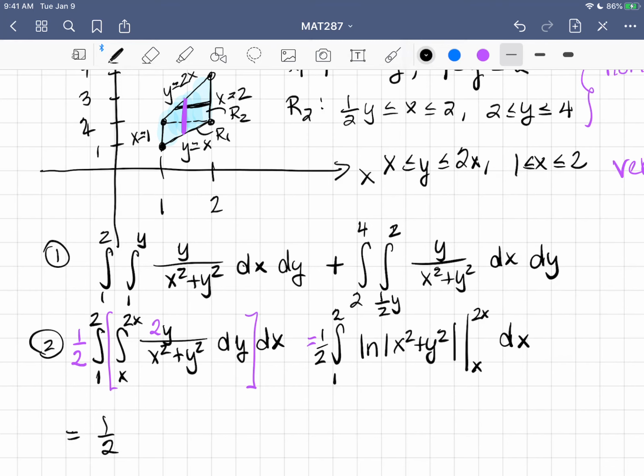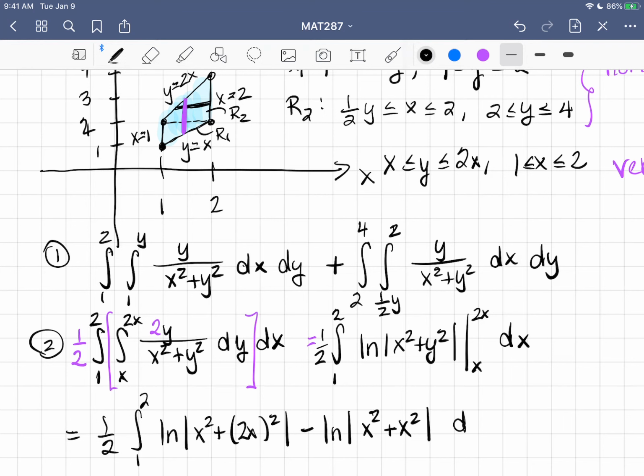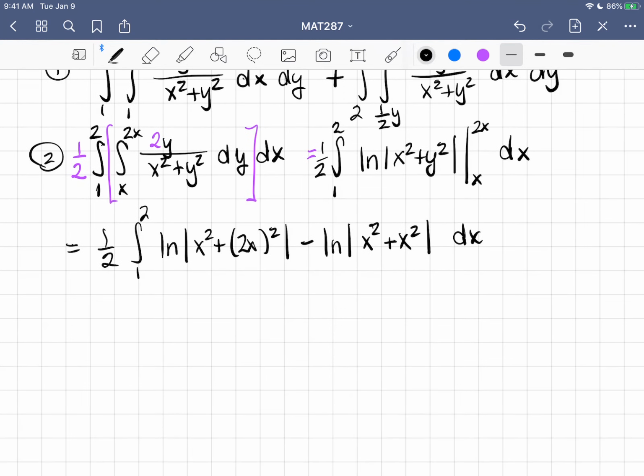I have a 1/2 integral from 1 to 2 of the natural log of x squared plus 2x quantity squared minus the natural log of x squared plus x squared dx.